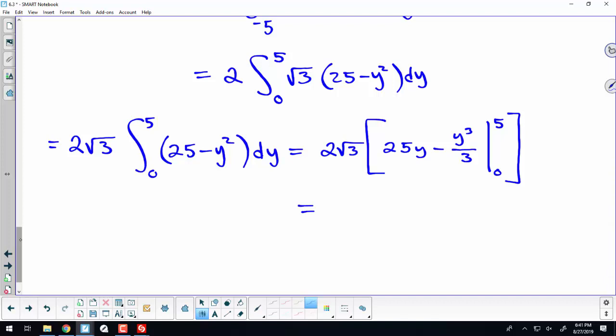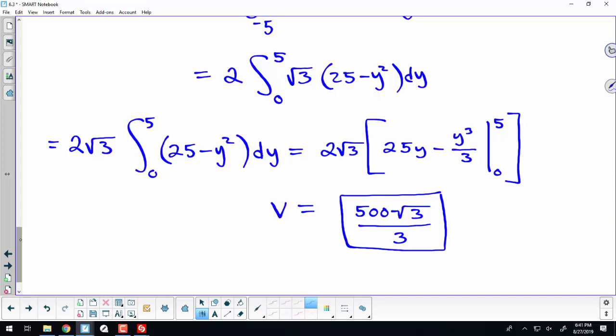So you should get that to come out to be 500 times the square root of 3 all over 3 of the volume. So that is our volume of the figure.